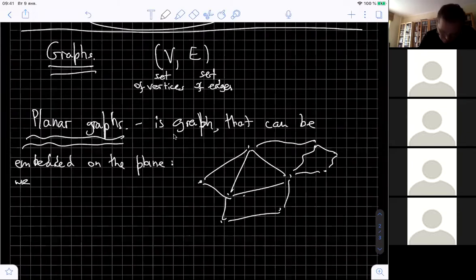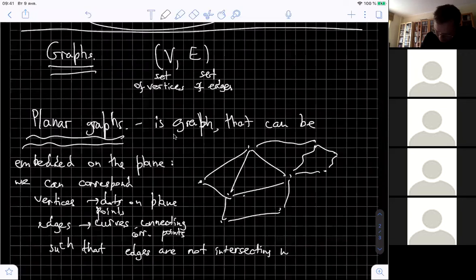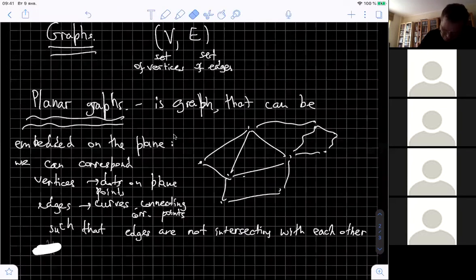We can correspond vertices to points on the plane, and edges to curves connecting the corresponding points, such that edges are not intersecting with each other outside the vertices.